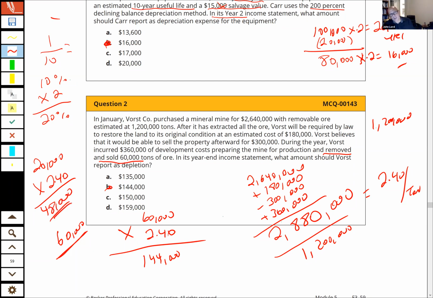If I do my math right, that is what would go to the income statement then. Is that right? 20,000 times 2.40. Yes, 48,000. Okay.